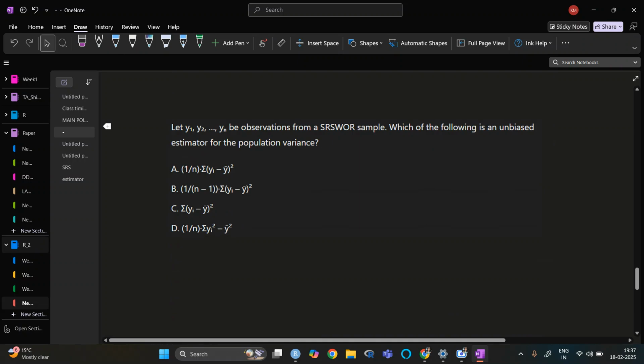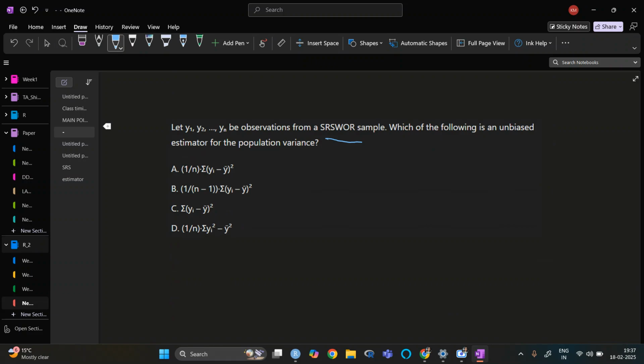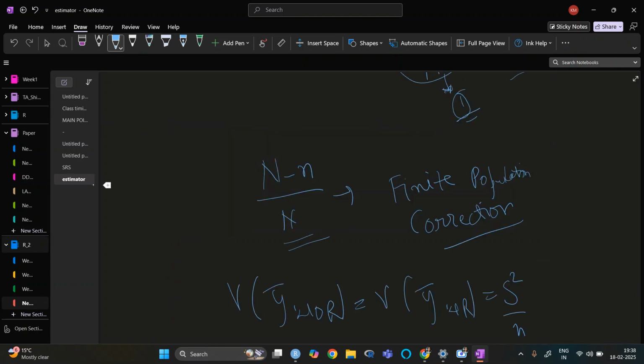The next question is that we have observations y1, y2 up to yn from SRSWOR. Which of the following is an unbiased estimator of population variance? As I have said at the very start, for the population mean, the unbiased estimator is y bar.